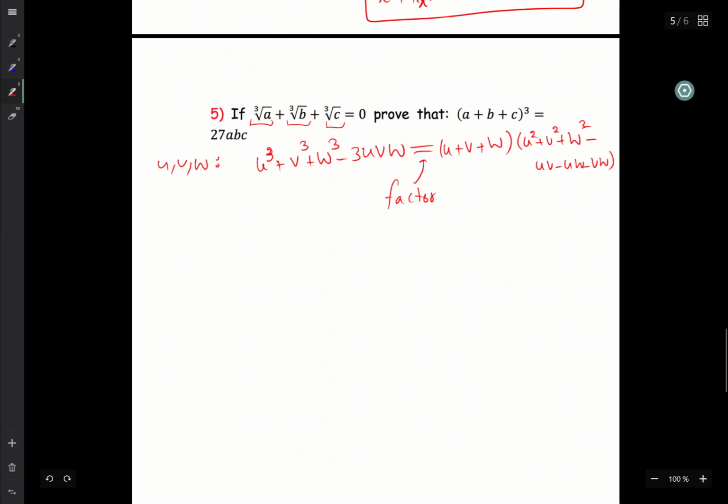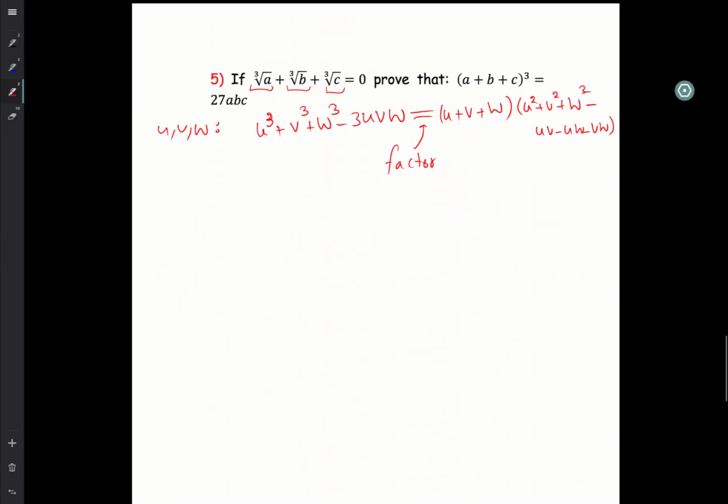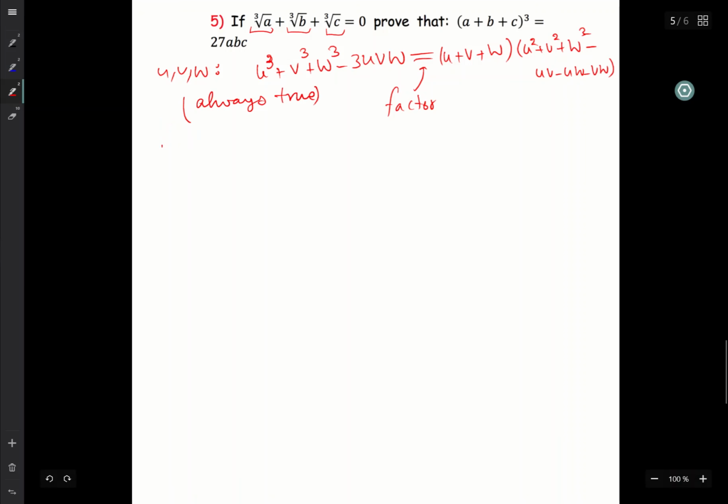Okay, all right, so this expression is always true for any u, v, w. What happens if we choose u and v and w such that u plus v plus w is 0?